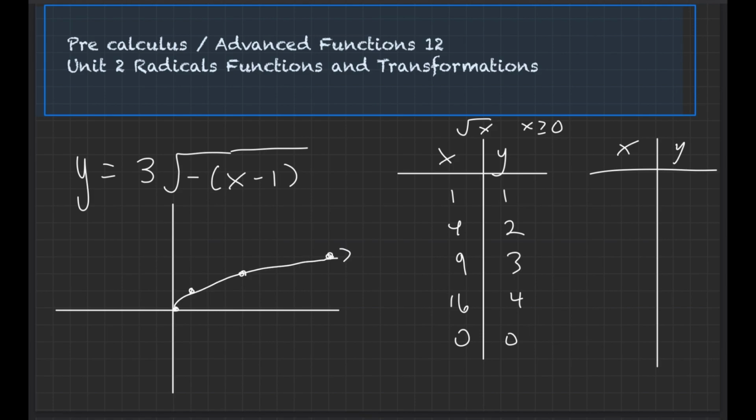So now let's apply the transformations. Let's take our points and multiply them by 3, and we'll get the transformed graph.